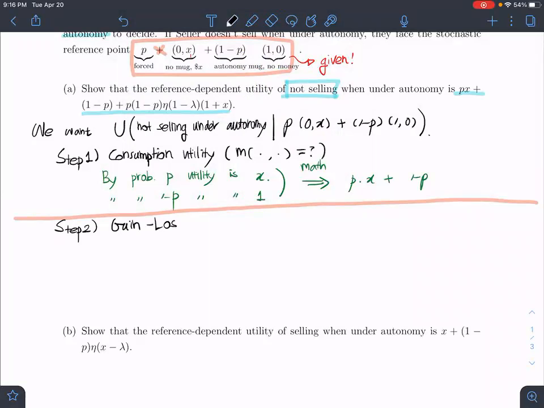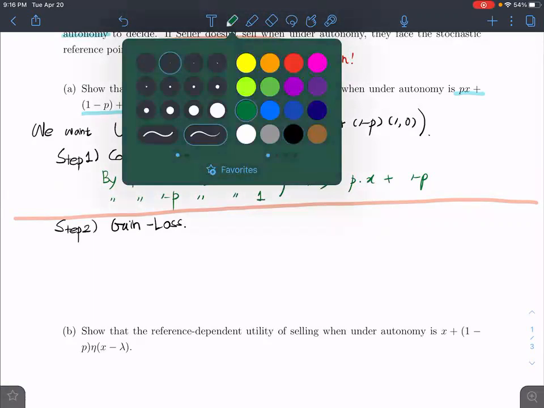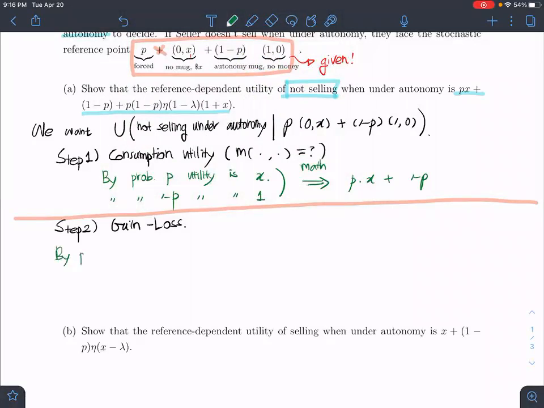Same thing: by probability P, let me make a line like this, and by probability 1 minus P. By probability P, I'm forced to trade, and there are two outcomes here. We're comparing state by state.